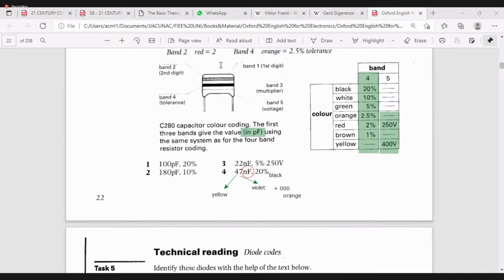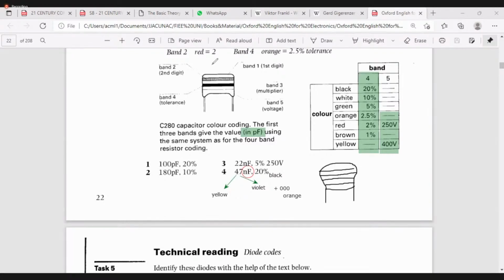So how do we establish this? Imagine this is our capacitor with the 2 pins. The first band is yellow, the second band is violet, the third band is orange, and the fourth band is black.